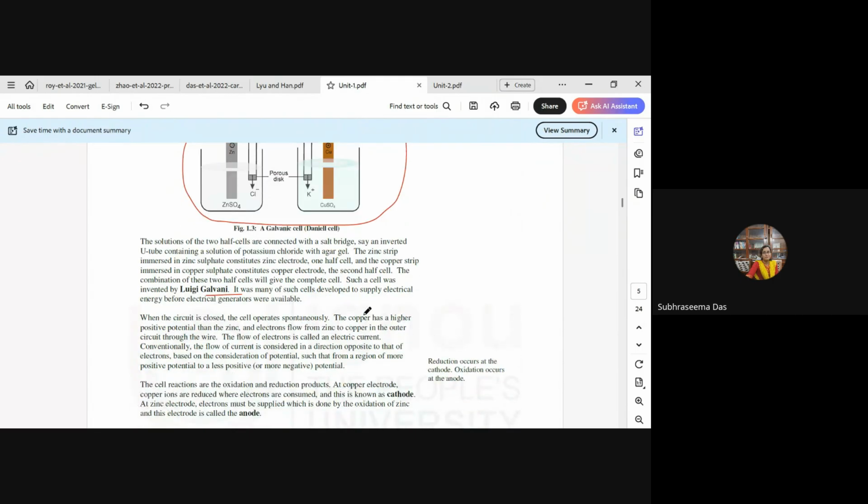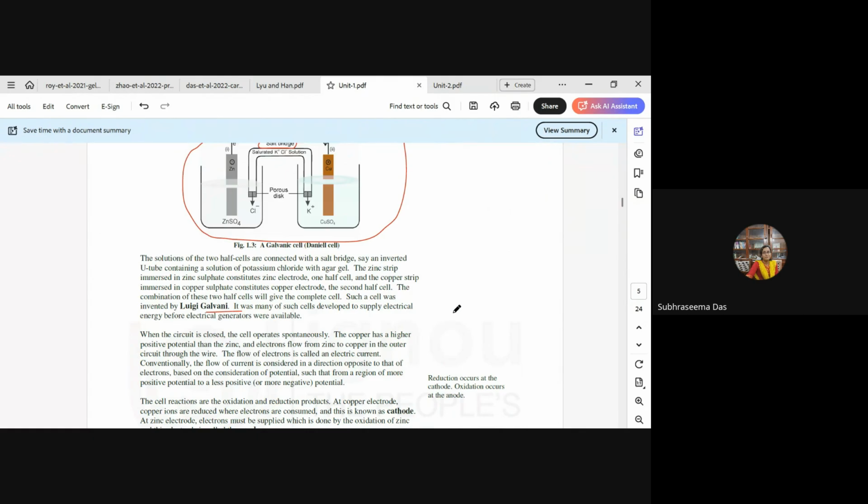Now when the circuit is closed, the cell operates spontaneously. Since copper has a higher positive potential than zinc, electrons flow from zinc to copper in the outer circuit. When electrons flow from one half cell to another, electric current is generated.